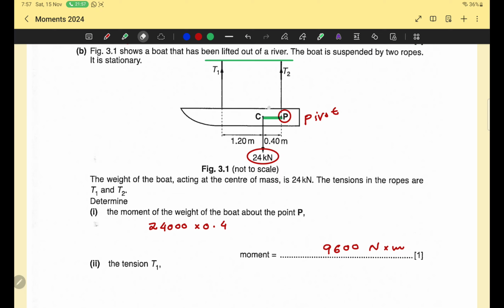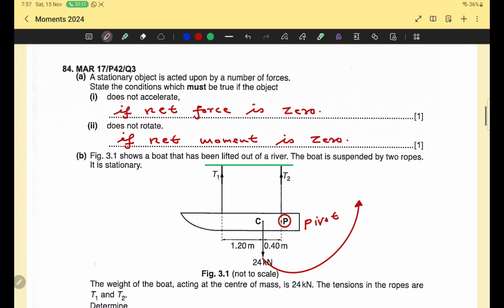So this is the turning effect of the 24,000 Newton force. And now they are asking the next part: calculate tension T1. To calculate tension T1, you can see this is an anti-clockwise moment and this is a clockwise moment.